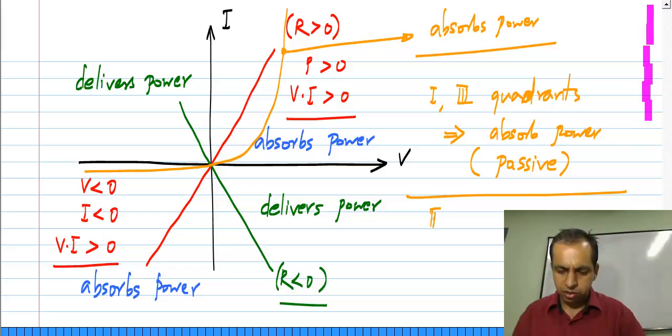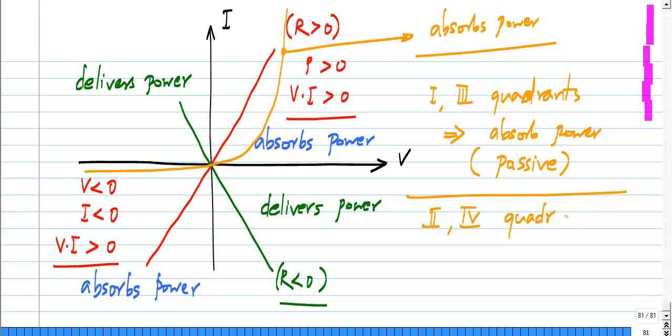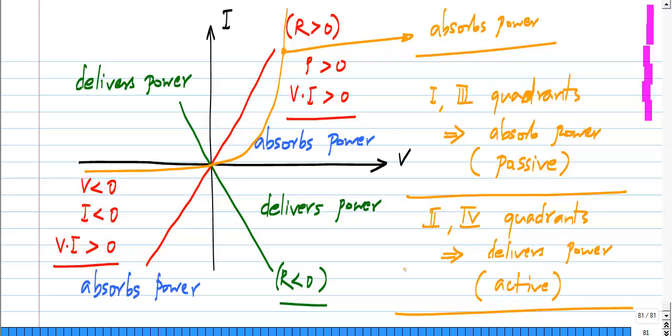And if you are in the second or fourth quadrants, the element delivers power. So, it is active if it is operating in the second or fourth quadrants. Later we will see elements such as voltage source or current source, which can either deliver power or absorb power.